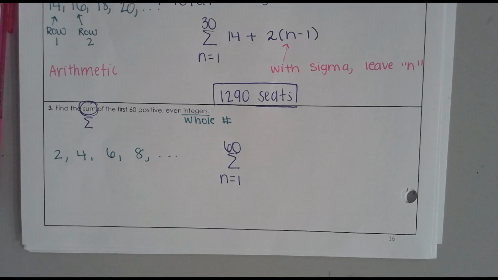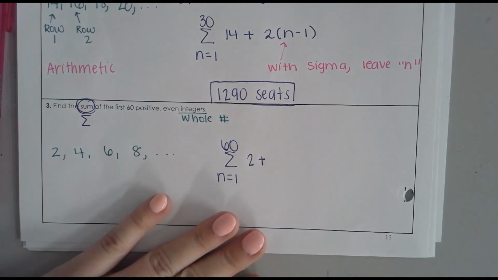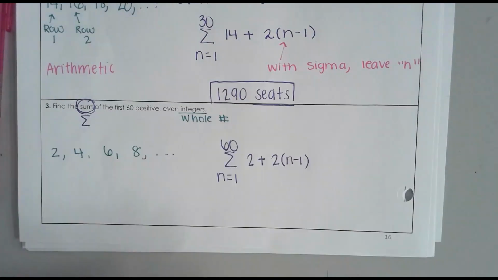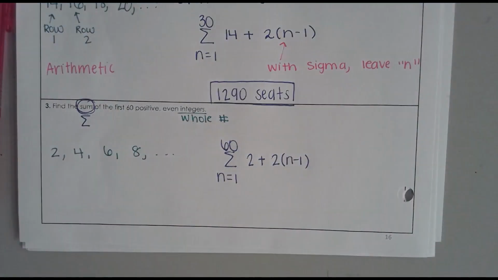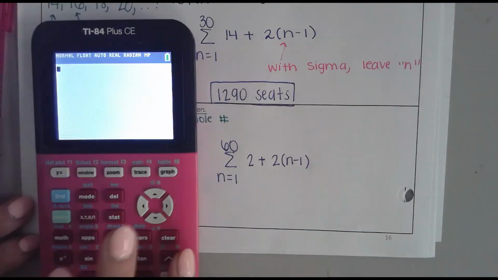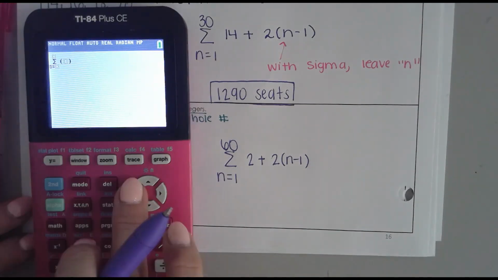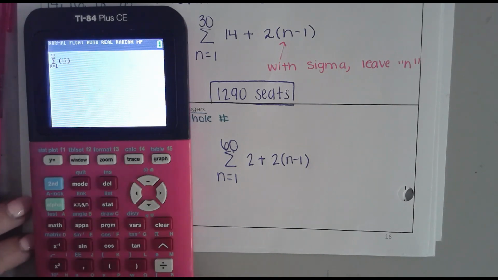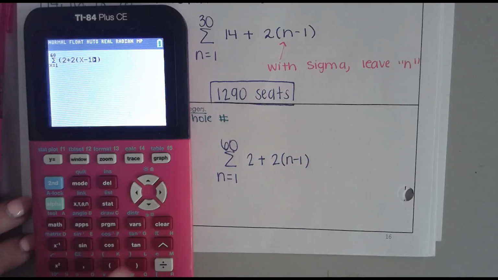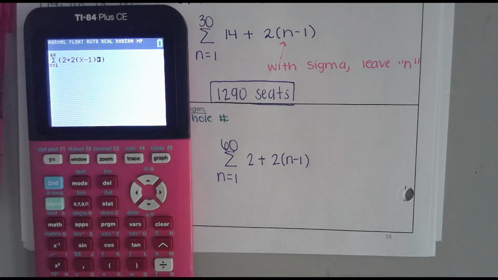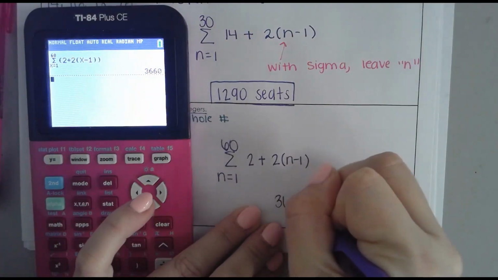Okay. Plus, what's my common difference? 2. And then N minus 1. The answer is $3,660.